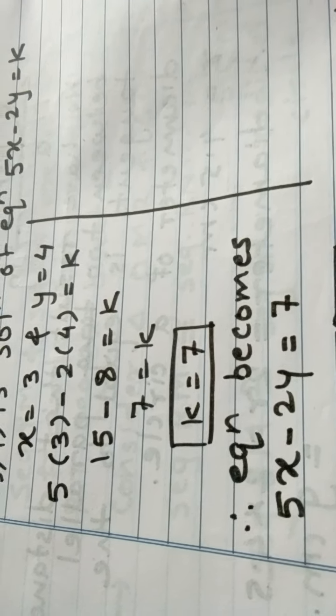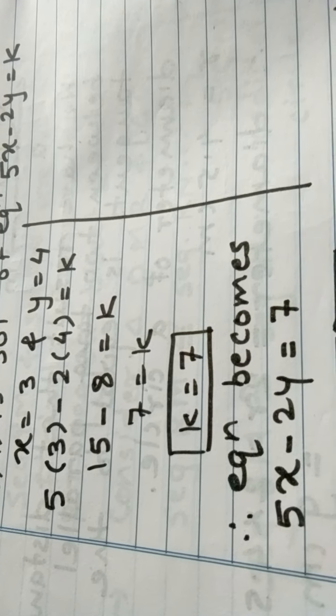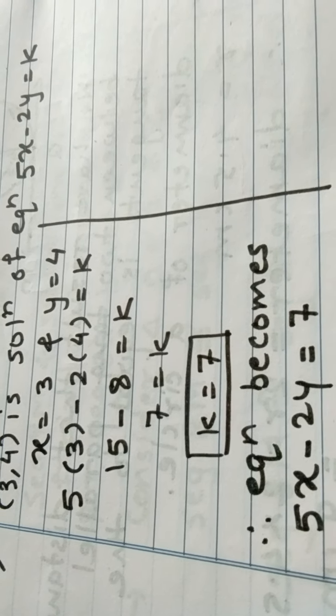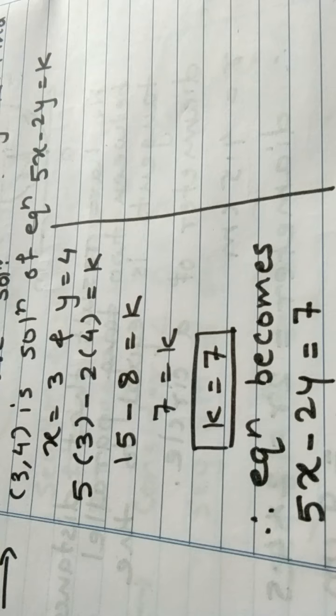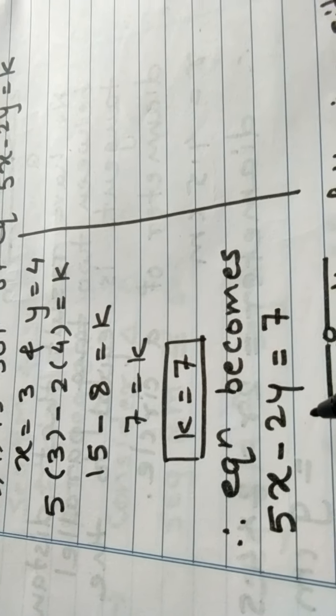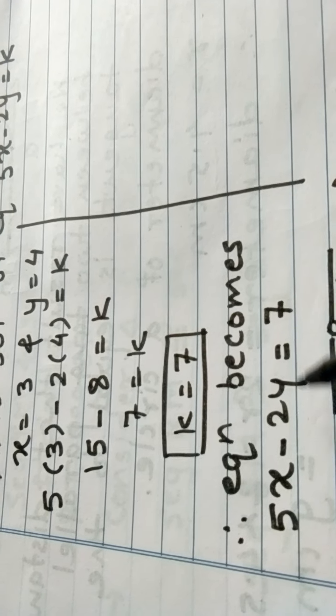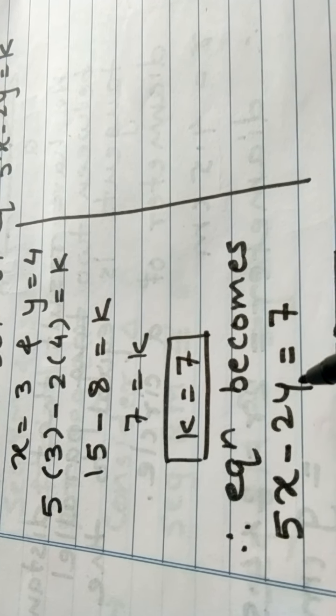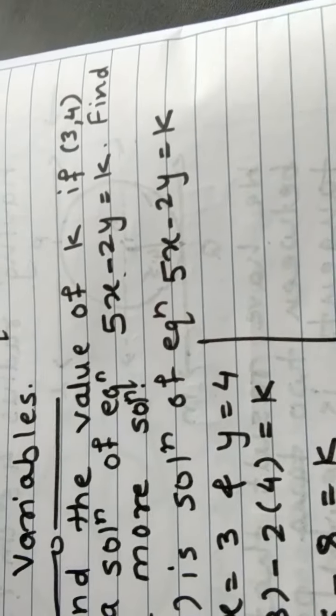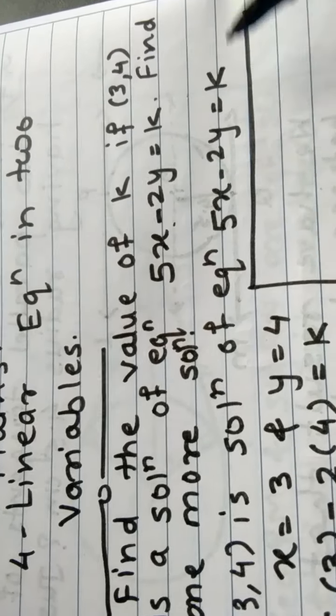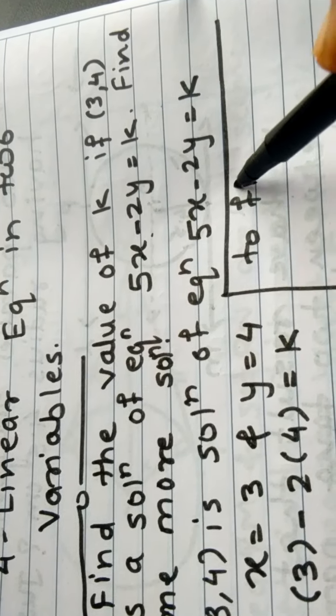Means take any value of x or y and find the value of another variable. You will get the solution of the equation, because such equation of a line has infinite number of solutions if we change the values of x and y.